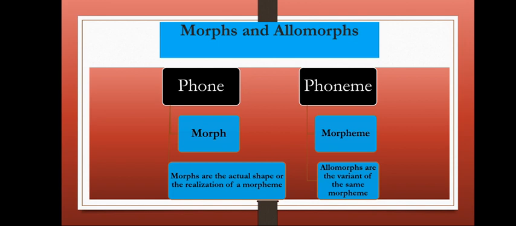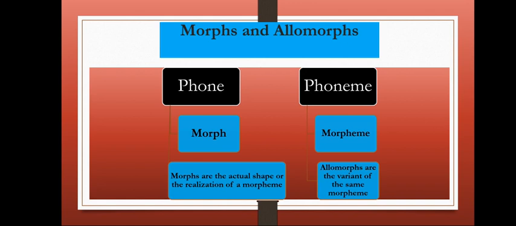A phoneme is abstract, it is in your mind, and when you utter it, you make a sound, and when you give it a real shape, it becomes a phone. Because one phoneme has several variants, these variants are called allophones.